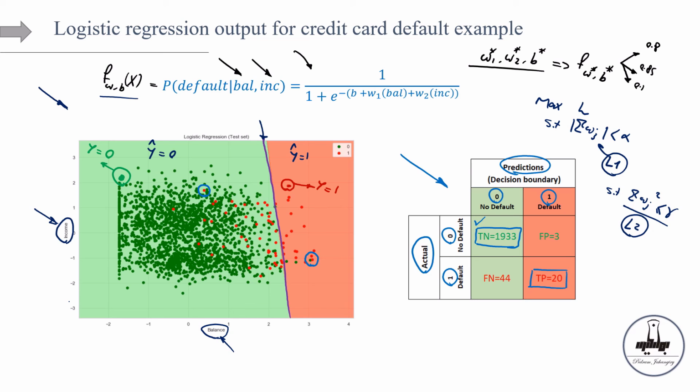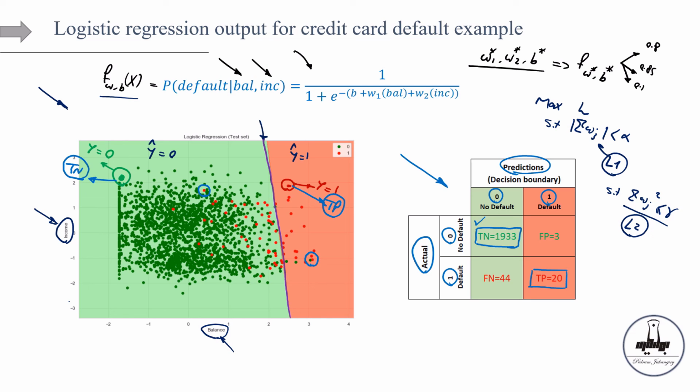How can I see it on the graph? This is an example of true negative: the model is correctly predicting no default. This is an example of true positive. So the goal is to maximize the true positives and true negatives and minimize the false predictions.